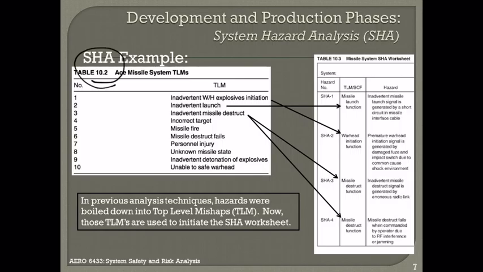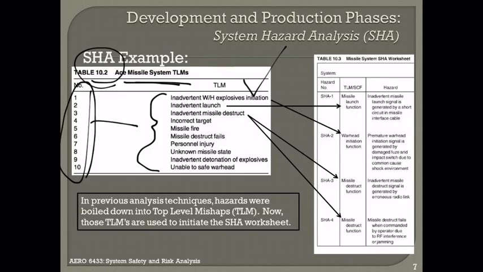So you have from Table 10.2 the ACE missile system top-level mishaps. This came from the subsystem hazard analysis. All those hazards were boiled down and identified as these 10 top-level mishaps, and you can see how they have been transferred from this list into the system hazard analysis worksheet.